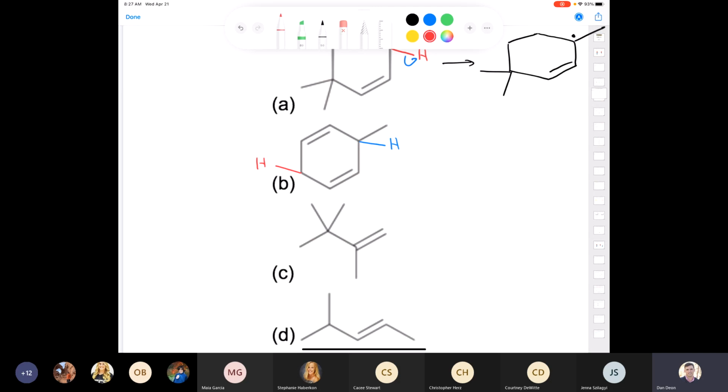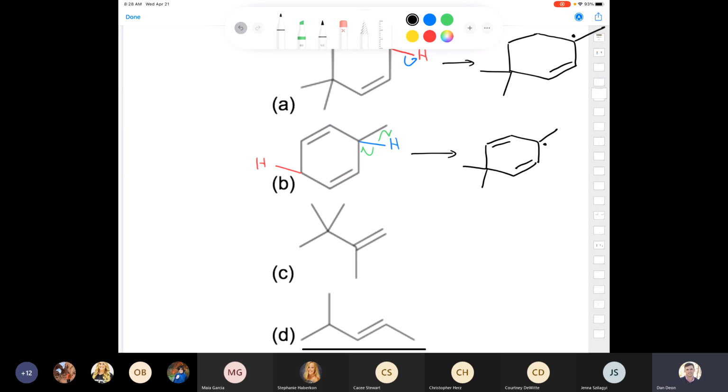The one in blue, if we break that bond homolytically, then what do we end up with? We end up with another tertiary, it's like tertiary diallylic, isn't it? Because you have the radical here, you have a pi bond here and a pi bond here.